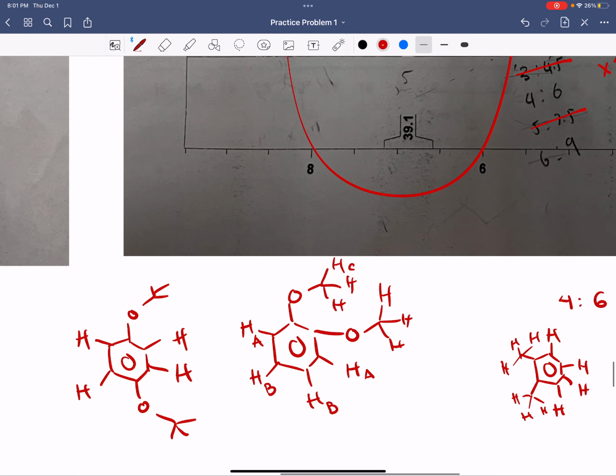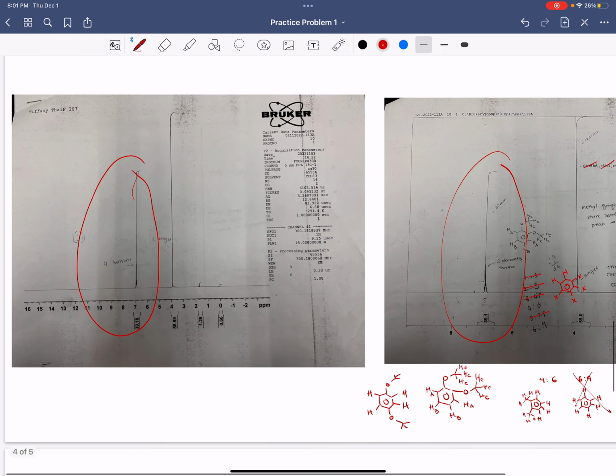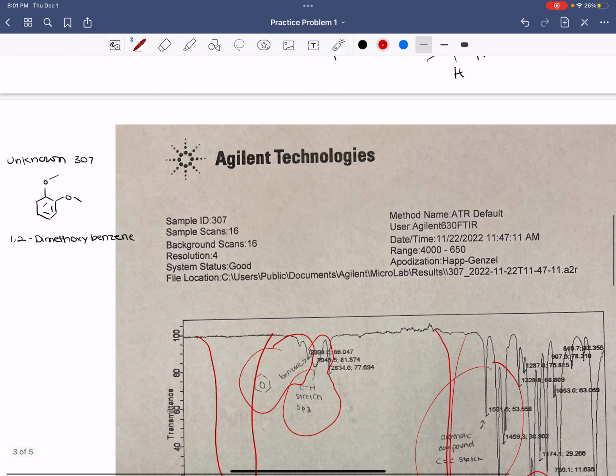And the rest of these hydrogens are equivalent to each other because they are close to the oxygens just like one another, and they are not on the benzene ring like the HA and HA. And that's how I came to the conclusion that my final structure is 1,2-dimethoxybenzene. And thank you.